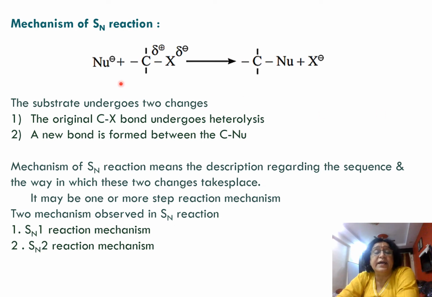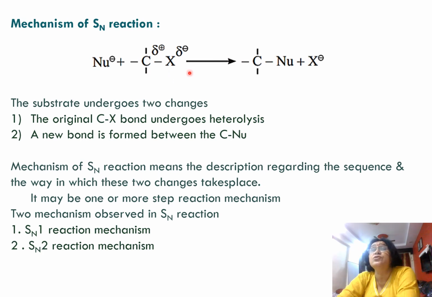Now let us see the mechanism of the nucleophilic substitution reaction. In the first slide of the last lecture, I told you the pattern: when alkyl halide is reacted with the nucleophile, the nucleophile takes the position of the halogen, the halide ion forms a leaving group, and the nucleophile takes its position. Why there is polarity on the alkyl halide was also told to you, but I'll tell again: the carbon-halogen bond is polar, because the halogen has a high electronegativity.